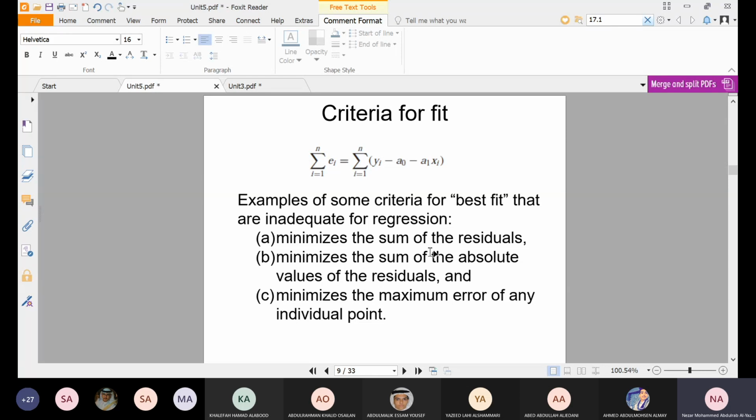We have different criteria for doing this fitting. One of them is to minimize the sum of the errors, or minimize the sum of the absolute values of the errors, or, for example, minimize the maximum error of any individual points.